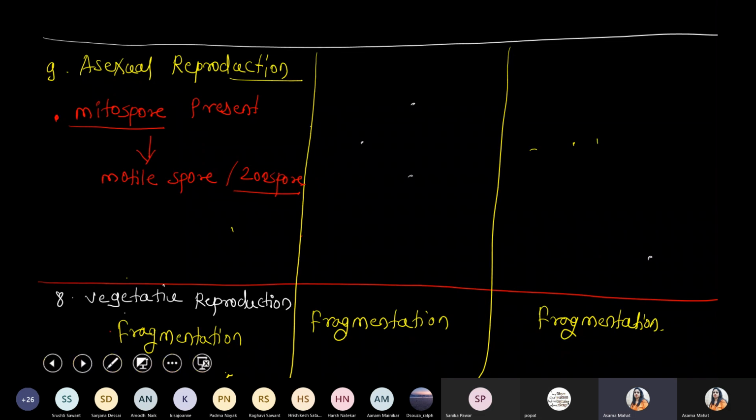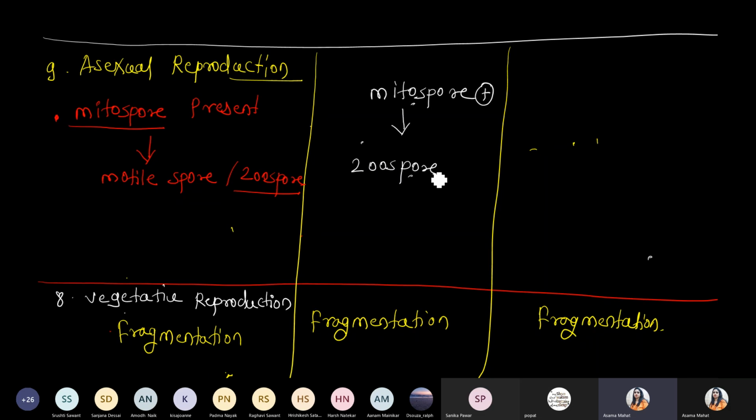Now, under the brown algae, again there is a presence of the mitospore, and these are zoospores. Zoospore means the presence of a motile spore. So in both scenarios, in green as well as brown algae, the motile spore is called the zoospore.